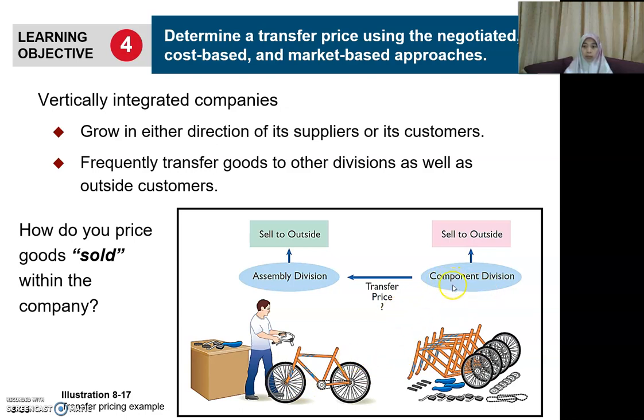So the component division, instead of selling the goods outside, can also transfer the goods to the assembly division. So the question is, what is the transfer price? Should the component division sell to the assembly division at the same price as what it charged to the outside market? That is basically the issue in the transfer price.